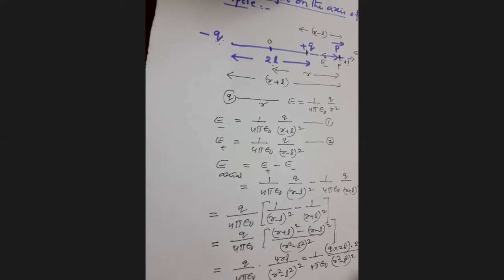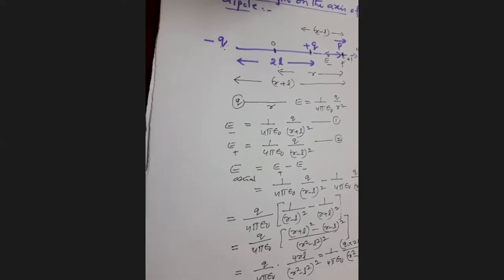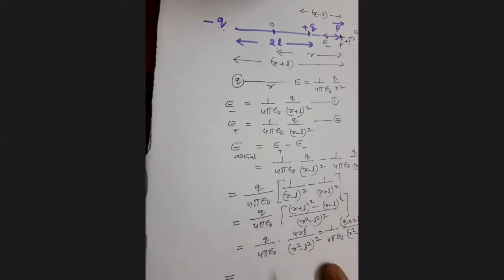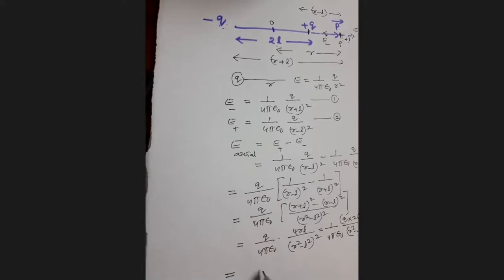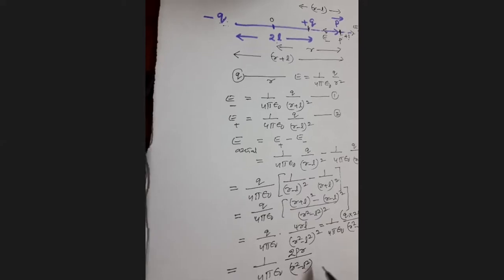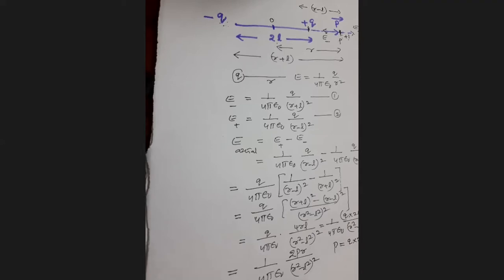So this equals 1 by 4 pi epsilon naught, but Q into 2L is the dipole moment. Then you will get 2PR by (R square minus L square) whole square, where P equals Q into 2L, we substitute.